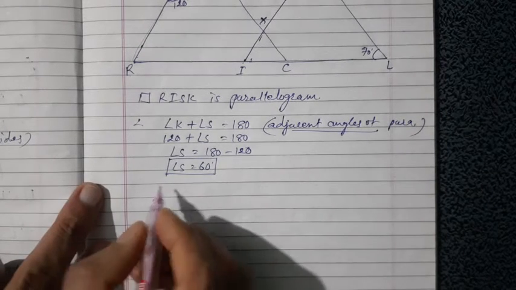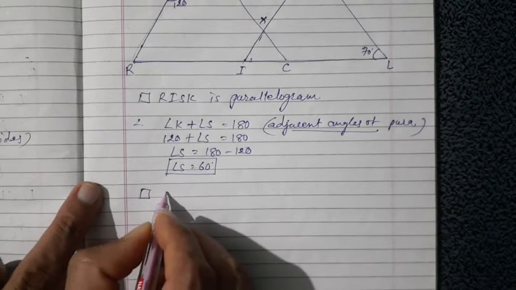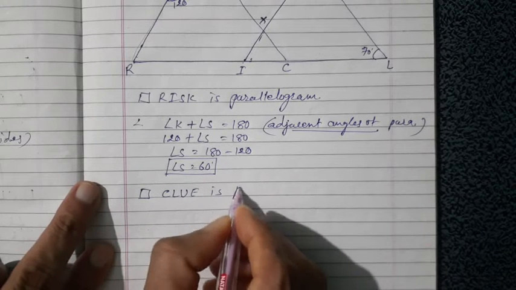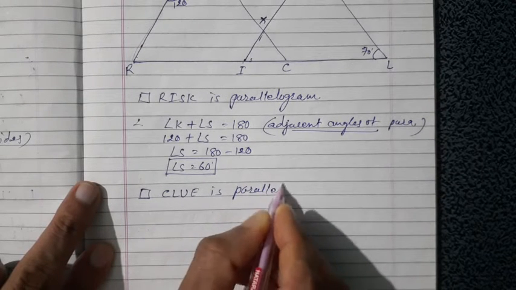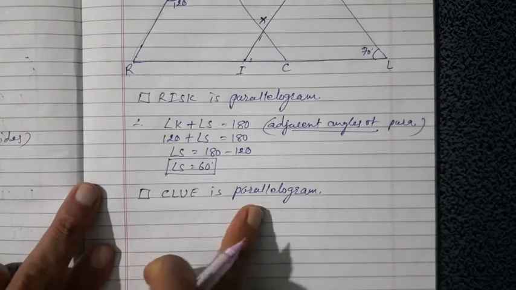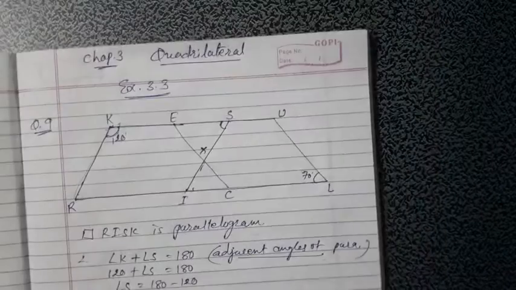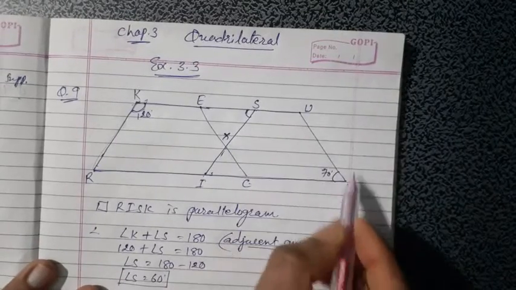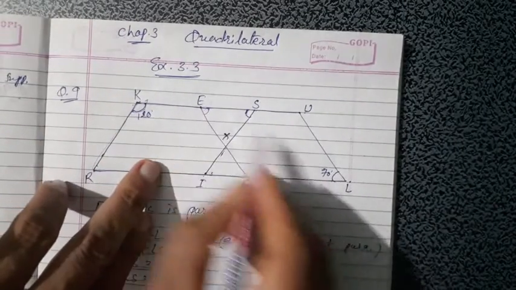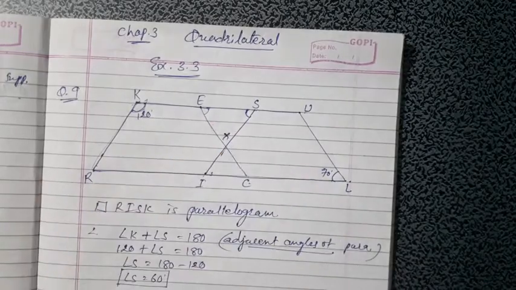Now quadrilateral CLUE is also given as a parallelogram. So look here, CLUE is a parallelogram. So L and E are both opposite angles of the parallelogram.